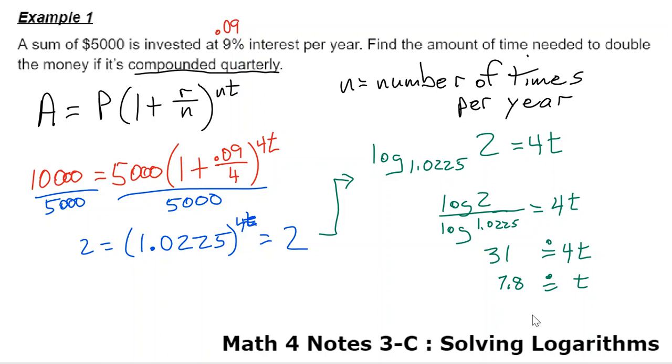So we're going to go ahead and round it up and say t is going to equal 8 years. Because it's going to be 8 years, that 8th year, that quarter at the end of the year before you actually see the double. Because if you stop at 7 years, 9 months, it's going to be just short of doubling. It won't quite reach there.